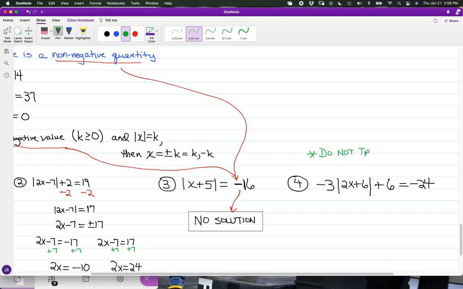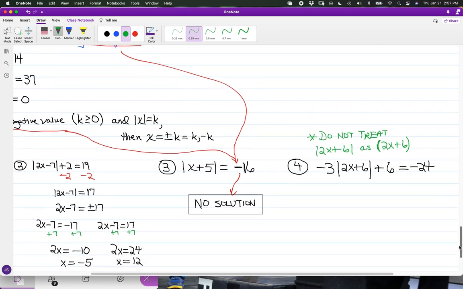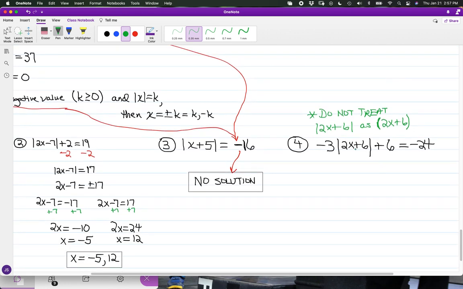In other words, do not treat the absolute value of 2x plus 6 as you would if you had 2x plus 6 in parentheses. So in other words, we cannot take direct distribution and say we have negative 6x minus 18. So you're going to have to work around the absolute value symbols with the outside coefficients.